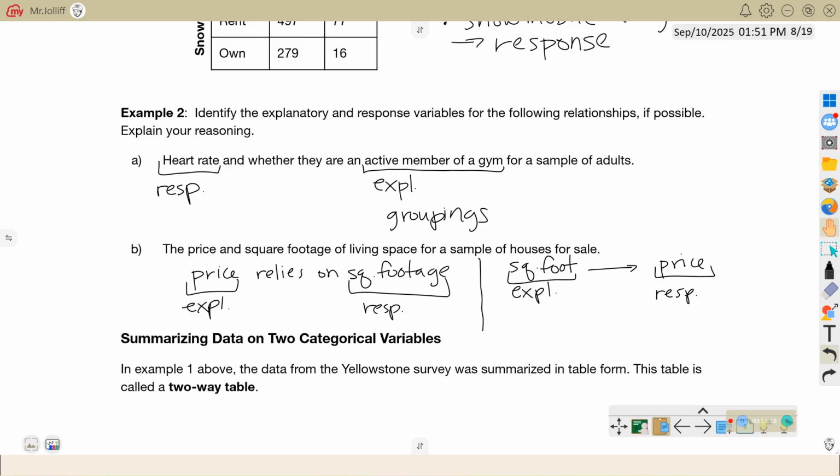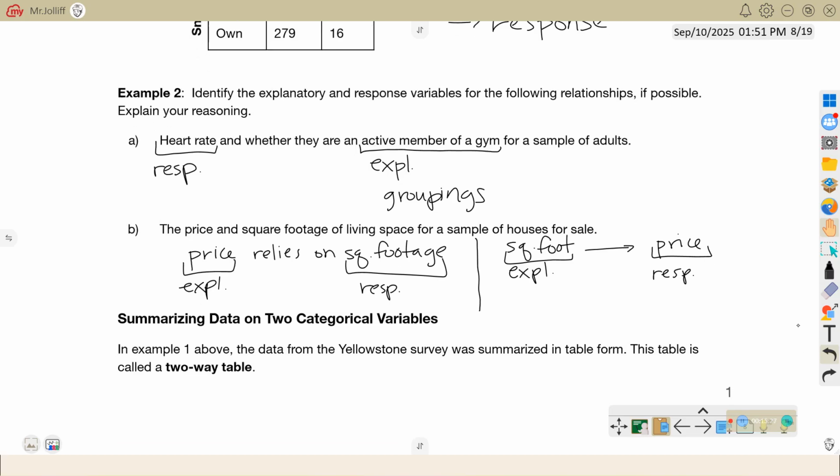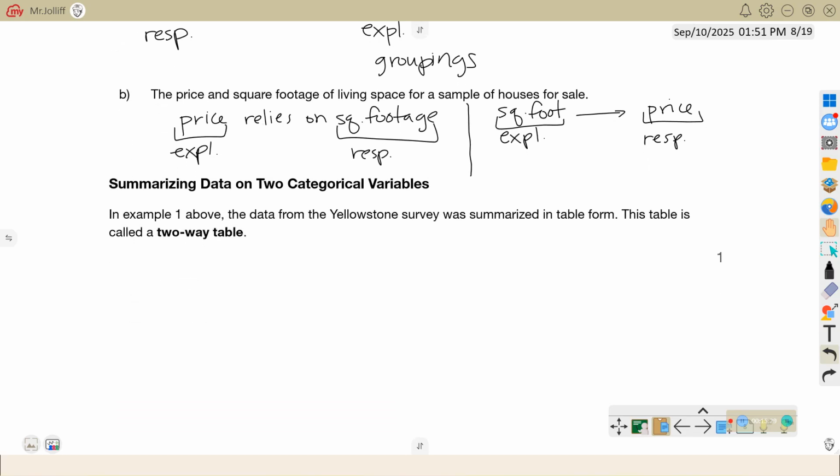Okay, so now that we've labeled our variables, we're going to start the summarizing, displaying, describing process. We summarize two categorical variables in tables called two-way tables, which we saw in the warm-up today.